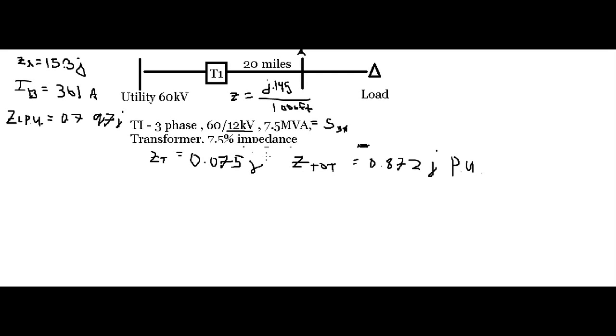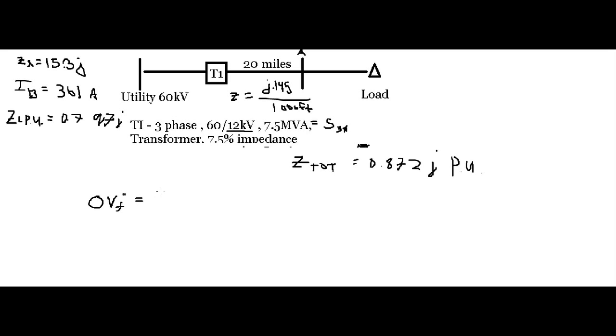So we have the base current, we have the total per unit impedance. The way that I worked this out, I just drew a Thevenin diagram for it, and we also need to calculate quickly the pre-fault voltage, which is a simple calculation.